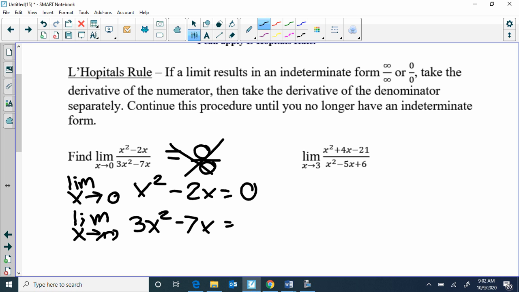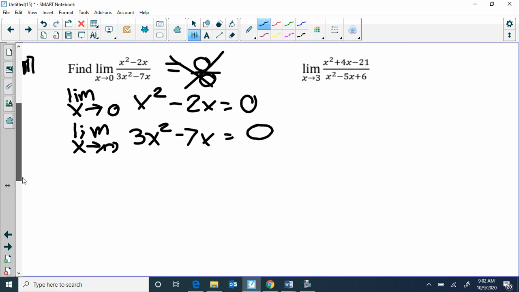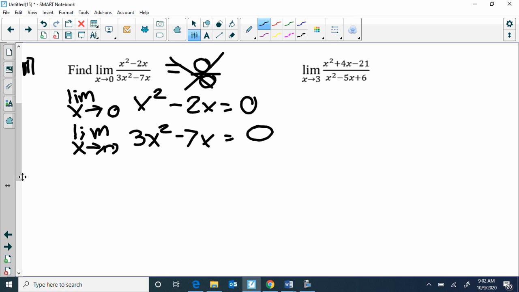You plug in 0 and get 0. We call this our conditions. You have to show the limit of the numerator goes to 0 and the limit of the denominator goes to 0. Then you can apply L'Hopital's rule.